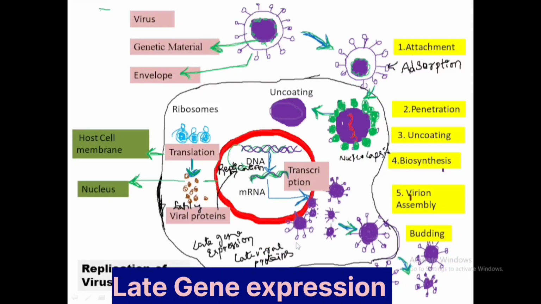All these structural proteins are important for synthesis of virus structural components, like capsid formation, envelope formation, glycoprotein spikes formation, etc. So this is about the viral biosynthesis process, especially the DNA virus biosynthesis process.